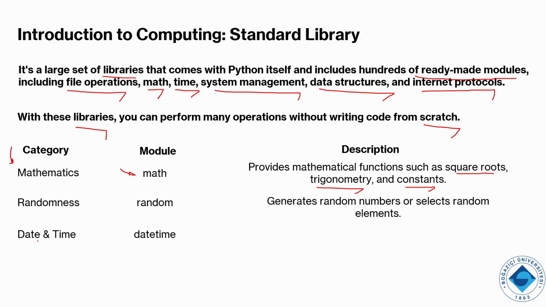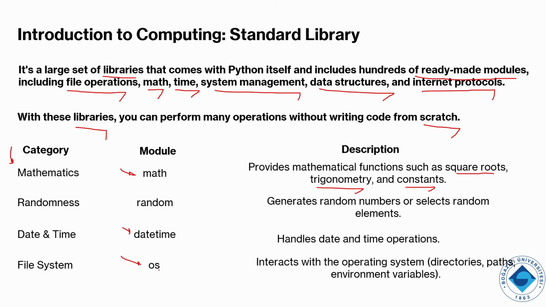For date and time, we have the datetime module here. It handles date and time operations. For the file system, it is OS, the operating system, which interacts with the operating system, directories, paths, and environment variables. We have the time module, which measures time or delays program execution.